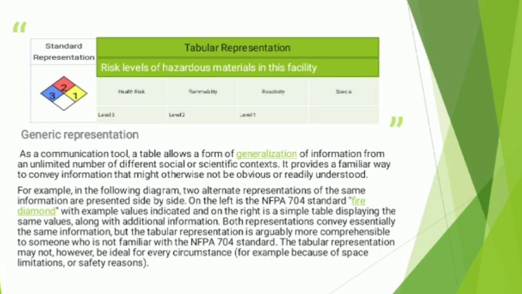Both representations convey essentially the same information, but the tabular representation is arguably more comprehensible to someone who is not familiar with the NFPA 704 standard. The tabular representation may not, however, be ideal for every circumstance, for example, because of space limitations or safety reasons.